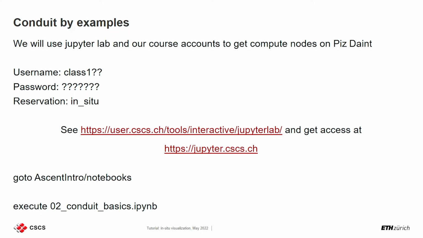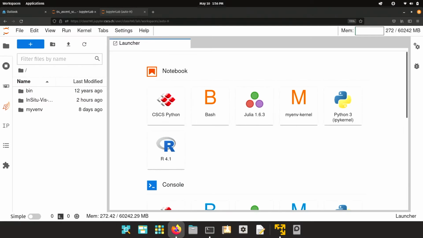We're going to go to the Ascent intro notebooks subdirectory, and we're going to execute the notebook called 02 Conduit Basics. So yeah, if you have not done yet the login, I encourage you to do so.